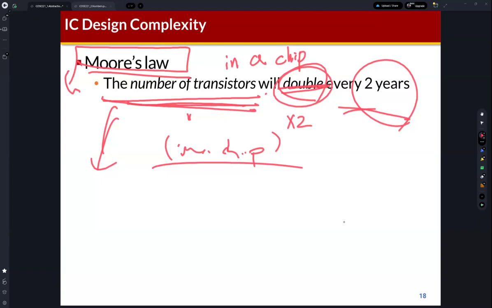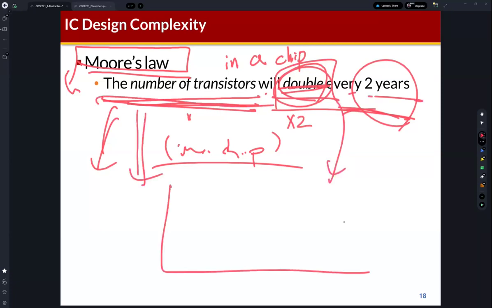So it means the system gets more complex over time. A single chip includes more transistors. You can say, that's fine. What is fine? It doubles every 2 years, so the number of transistors increases exponentially, not linearly.